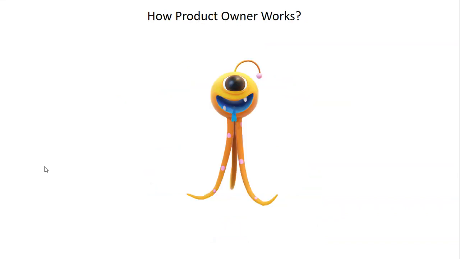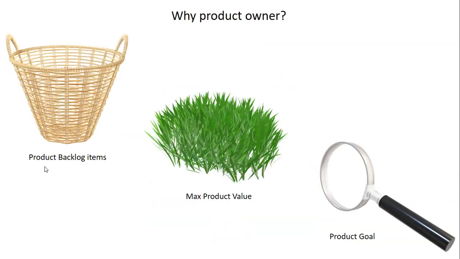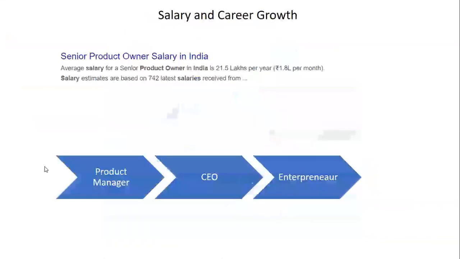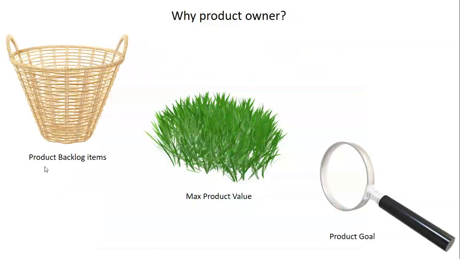Now in the next slide we'll see how a product owner works in day-to-day life. But I think this part we'll take up in the next video, because otherwise it will be stretching. Rephrasing all that we have discussed: majorly it is about what a product owner is, why we need him, who that is, and in which methodology he comes.